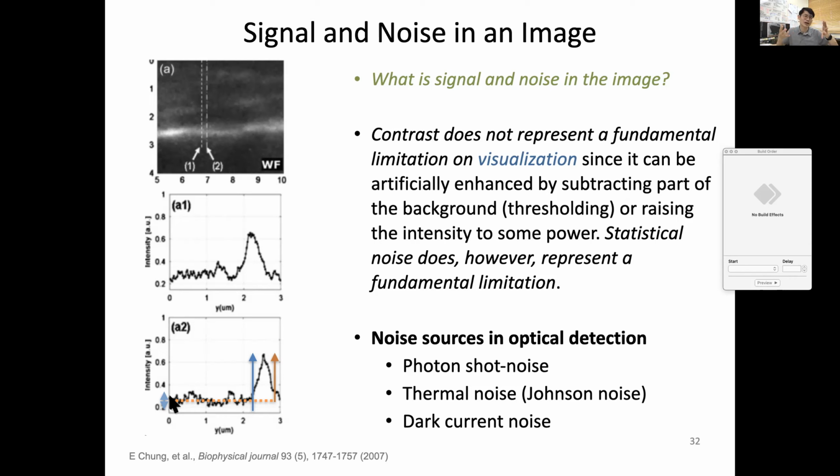But the noise is more random. It comes from its randomness. I don't have much time to explain all kinds of noise, but I want to explain three very fundamental and important noises in optical detection. First of all, photon shot noise, which is when you detect something which is not continuous but at a discrete level, such as light. If there is a lot, it looks continuous, but when you deal with a very tiny amount of light, light behaves like photons, like a raindrop outside.